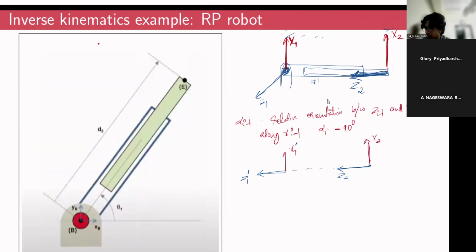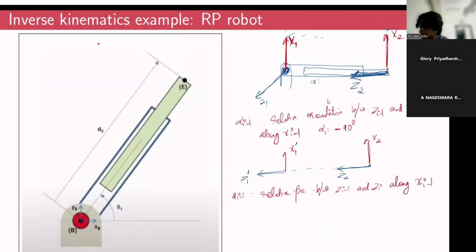This will be x2. Now the second transformation would be a i minus 1, which is the relative position between z i minus 1 and z i along x i minus 1.